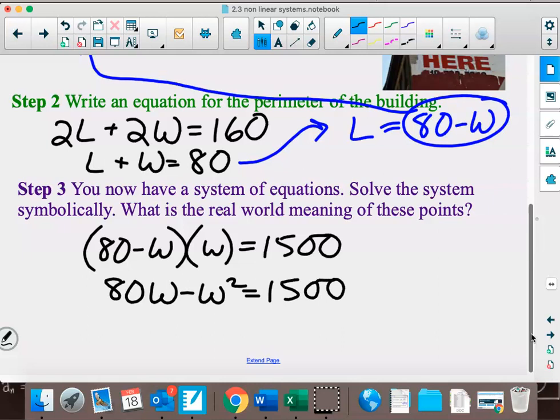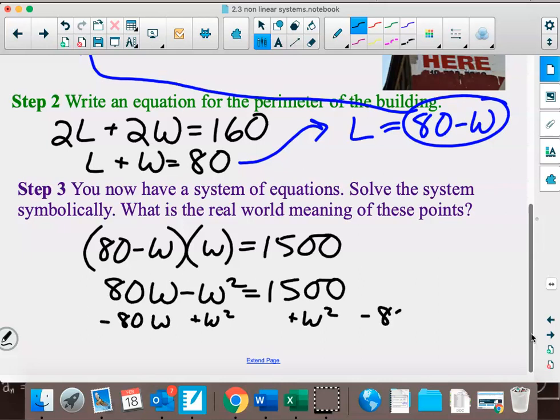Should I subtract 1,500 from both sides, or should I add W squared and subtract 80W from both sides? I would add the W squared and subtract the 80W because you want your squared term to be positive. So you're going to add W squared and you're going to subtract 80W.